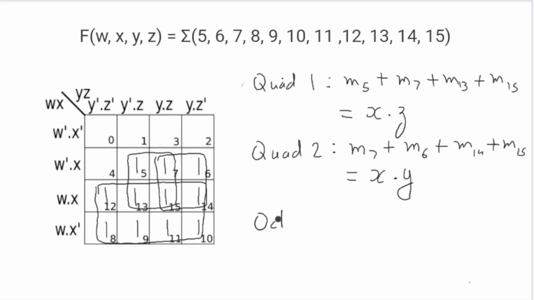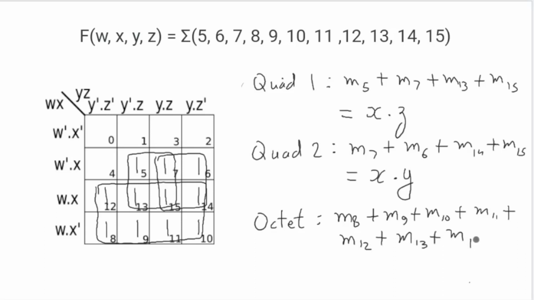Let's move on to the octet. We'll first identify the octet, and our octet is M8 plus M9 plus M10 plus M11 plus M12 plus M13 plus M14 plus M15.